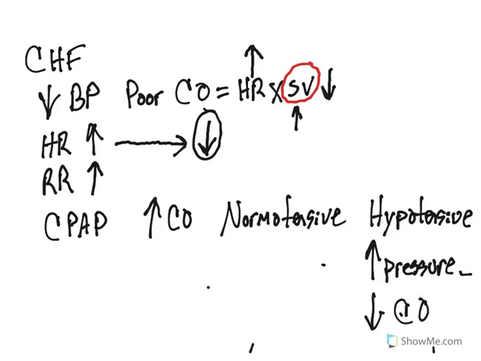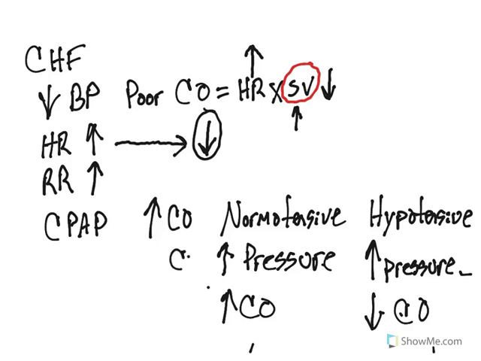If the patient is normotensive, an increase in pressure, and I know my handwriting is bad, but just deal with it, can increase cardiac output. So if I have a patient who is normotensive and I increase that pressure via CPAP, and that's CPAP pressure, and they're normotensive or near normotensive, then what I see is an increase in cardiac output.